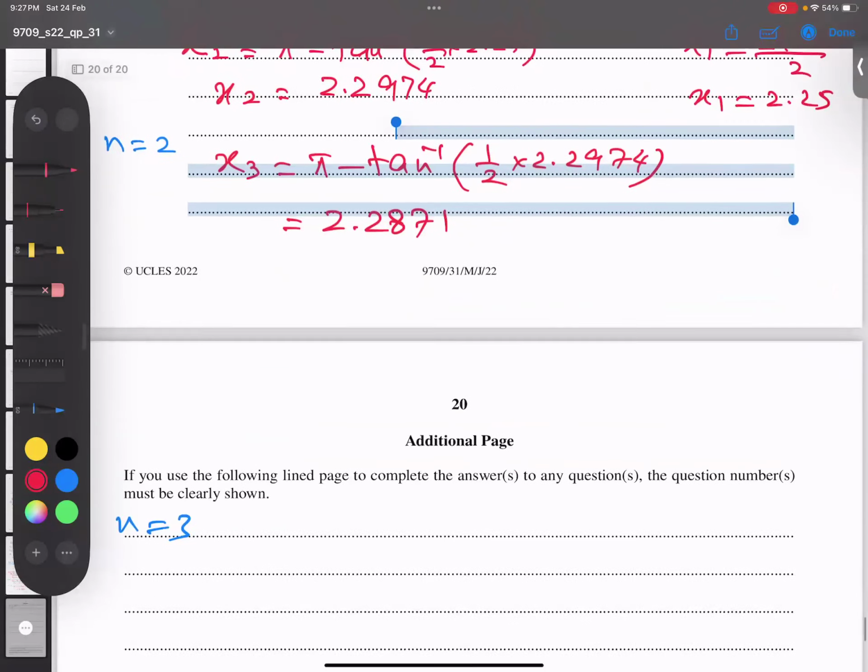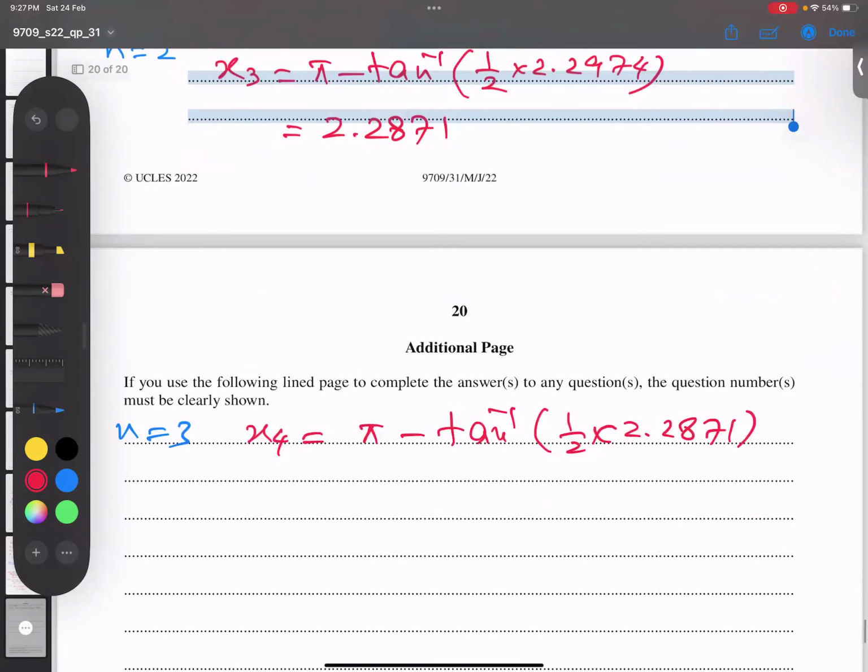When I use n equals 3, students, x4 is pi minus 10 inverse, half times 2, with this value 2.2871 coming here. And when I put 2.2871, I get x4 equal to 2.2893.